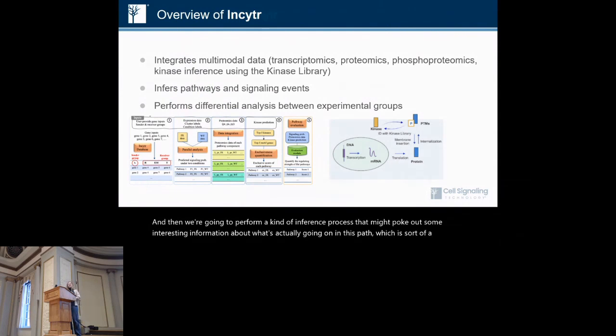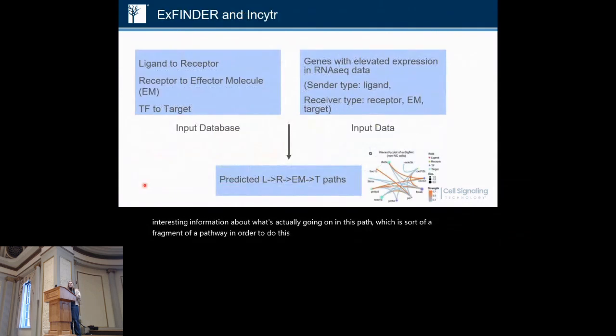In order to do this, I worked in collaboration with the author of XFinder, which is a method to infer ligand to target paths between cell types, or from an external signal to your cell type of interest.